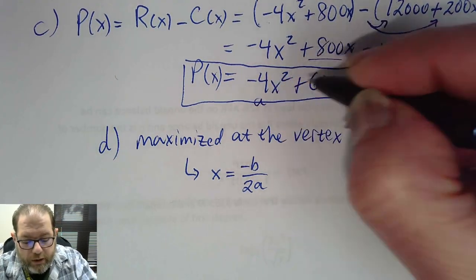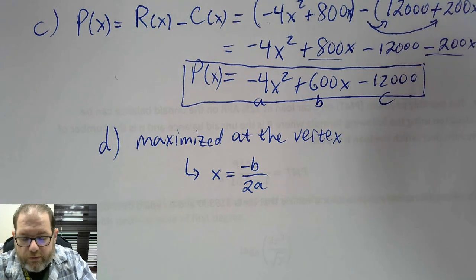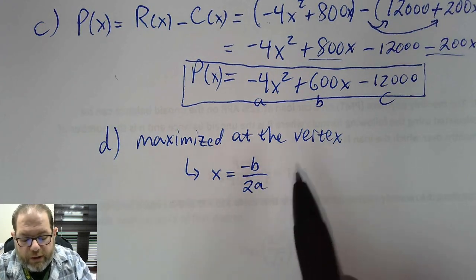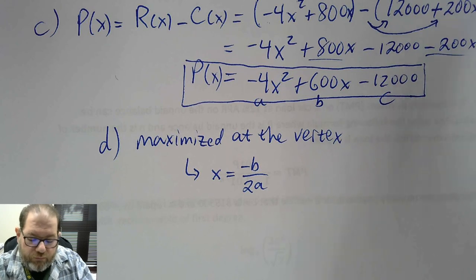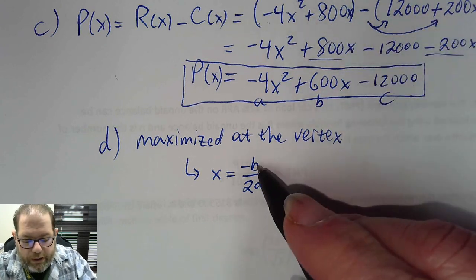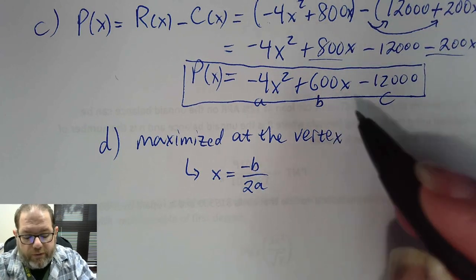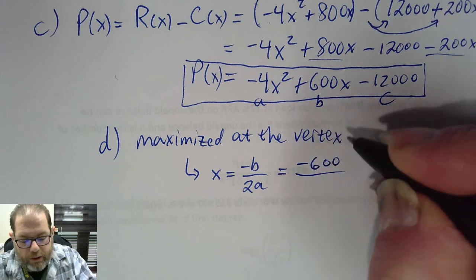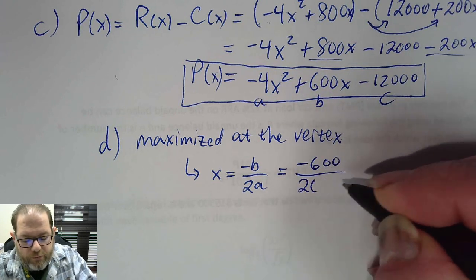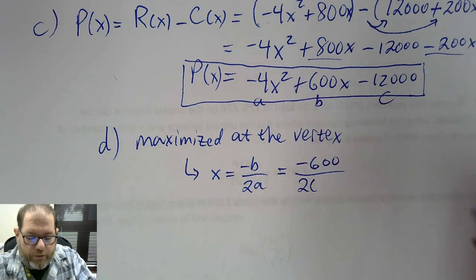So a, b, and c, these are the three terms in our quadratic. A is the negative 4, b is the 600, and c is the negative 12,000. So negative b makes that a negative 600. And on the bottom, we have 2 times a, which is negative 4.